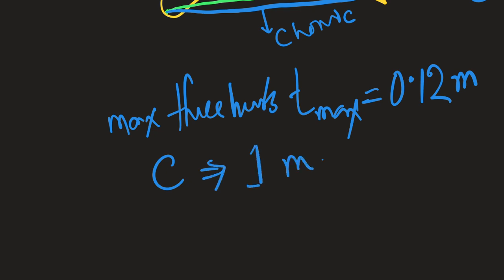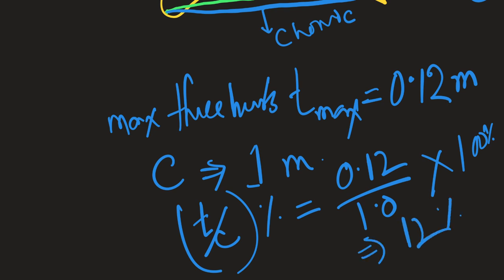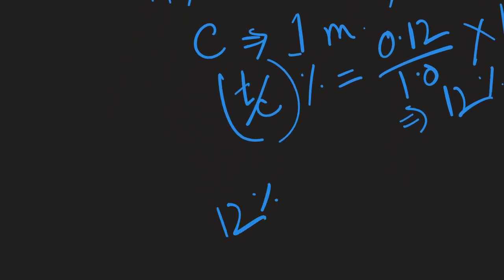So what will be the T by C ratio in percentage? 0.12 divided by 1.0 into 100% is equal to 12%. So the thickness by chord ratio is 12%.